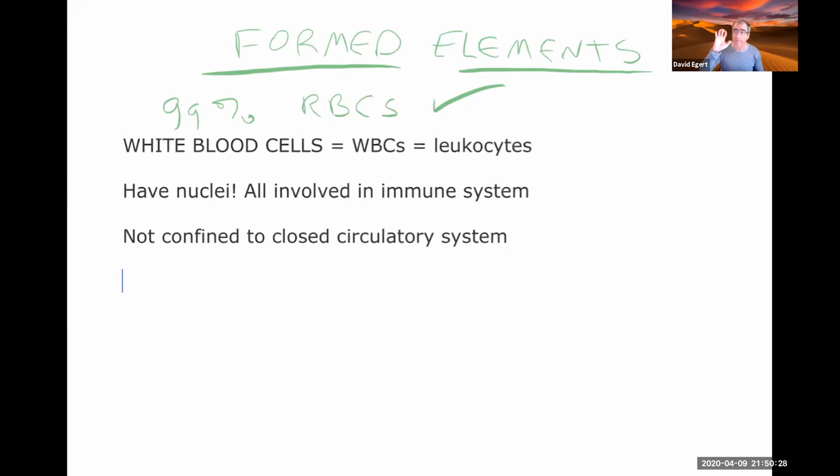There are two main classes: the granulocytes and the agranulocytes.